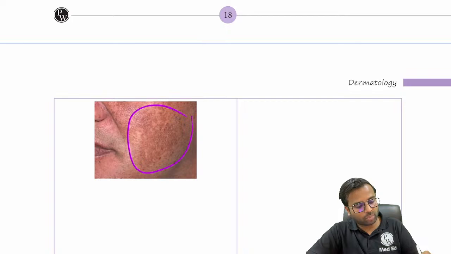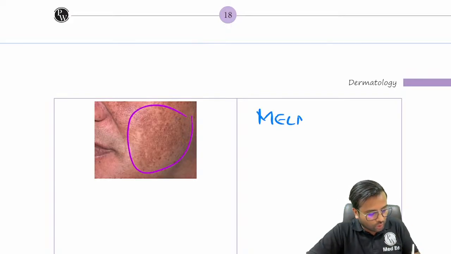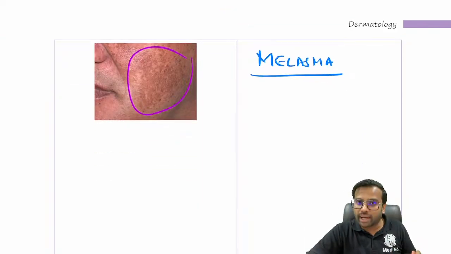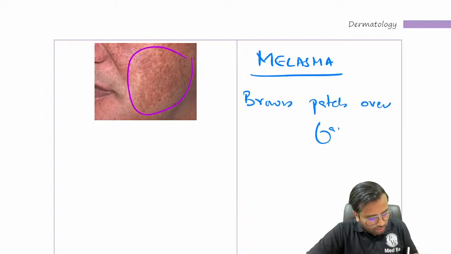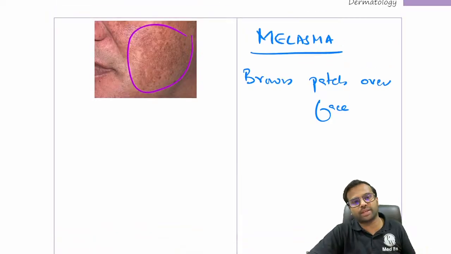Pooja says melasma. Does everybody agree with her? Soya, Sagufta, all of you, Harsh, everyone is now saying the same thing. So I also agree with all of you that this is called melasma, because in melasma you get a brown patch over the face.